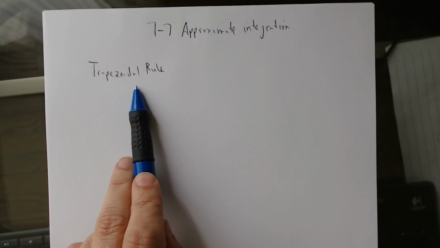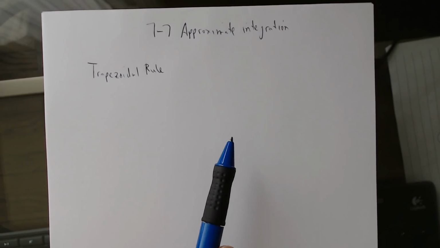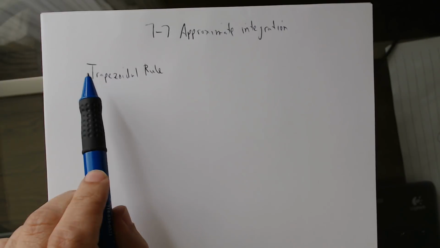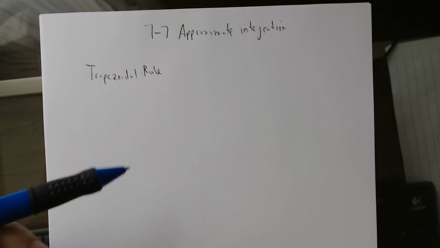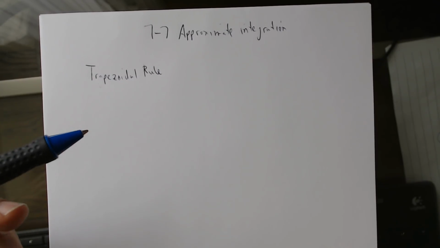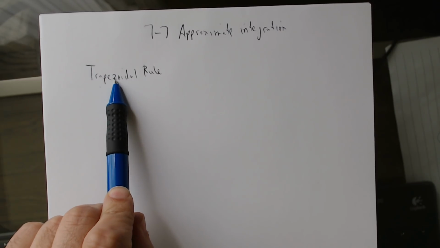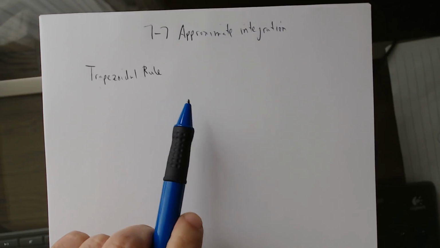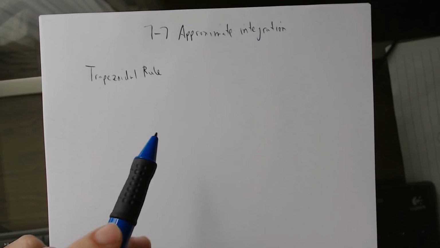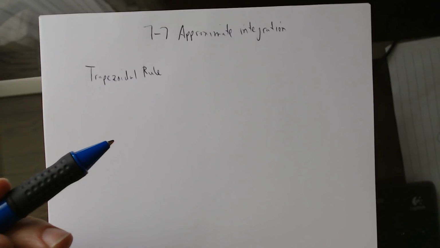Now, we're also going to learn to use the trapezoidal rule. So today, what we're going to learn is inserting trapezoids under the curve and using trapezoids to approximate the area under the curve. And you'll see that this one, along with the midpoint rule, are probably the two best rules to use to come up with a pretty accurate approximation.